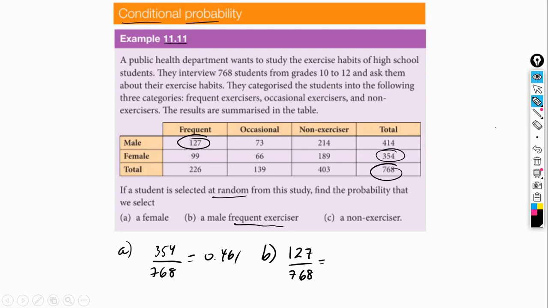And if we do the division here, it's going to give us 0.165. Then for part C, a non-exerciser. So regardless of the gender, somebody that does not exercise. So the total non-exercisers are 403. Therefore, it's going to be 403 out of 768. And this is going to give us 0.525.